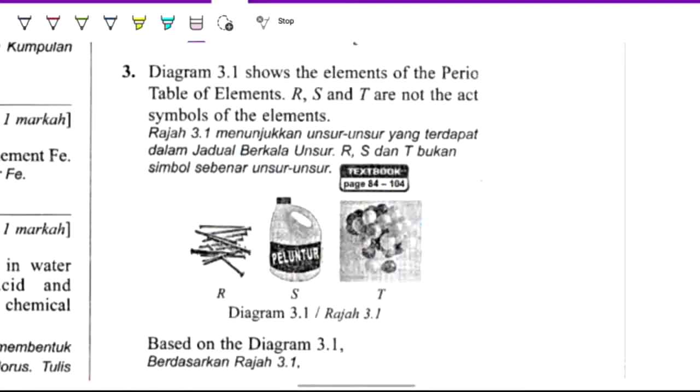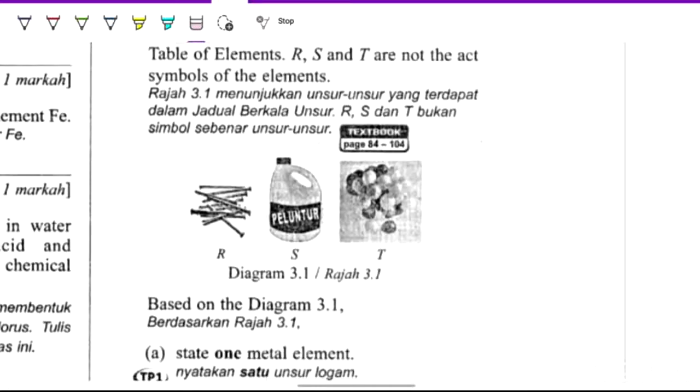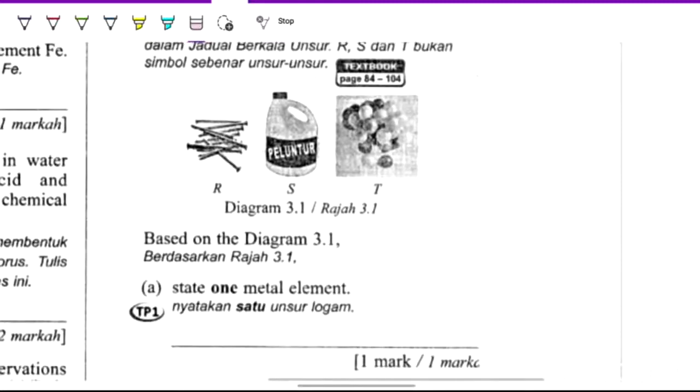Okay, next question. Diagram 3.1 shows the elements of the periodic table of elements. R, S, and T are not the actual symbols of the elements. R we can see is iron, S is bleach, then T is a group of balloons, which will be filled with helium gas.